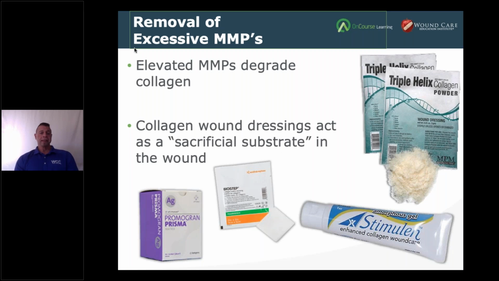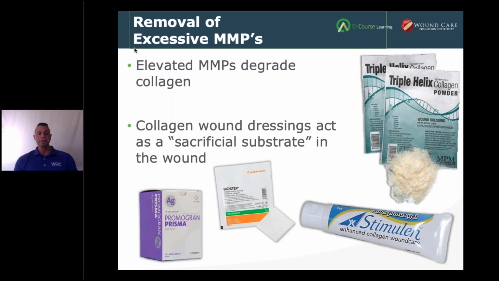Sometimes in this excessive exudate, we also have elevated MMPs, those matrix metalloproteinases. And the downside with these is they actually degrade the healthy collagen that your body is actually building to fill in the wound, okay? So they start eating up the good tissue, which is like one step forward and two steps backward.